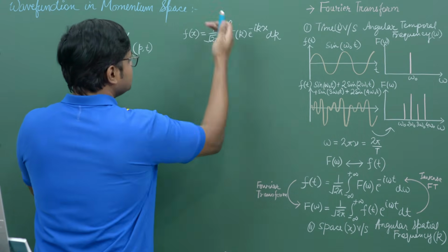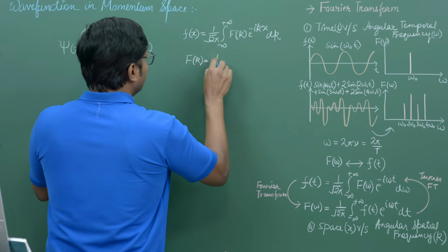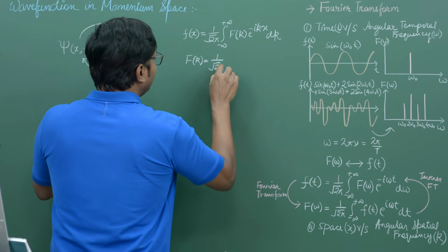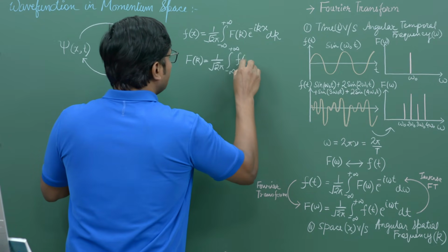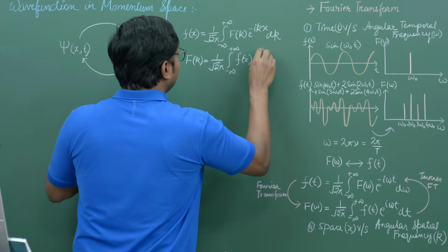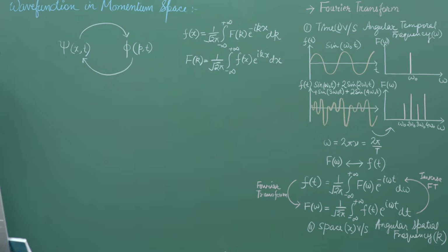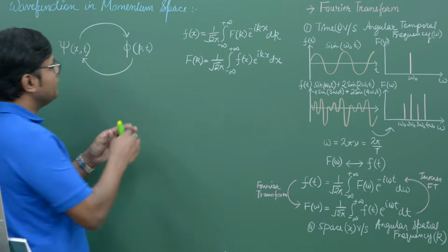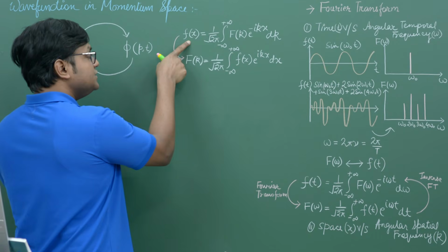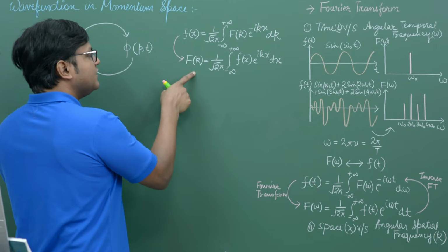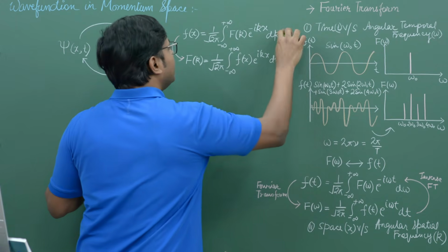And its Fourier transform, f k, will be equal to 1 upon root 2 pi from minus infinity to plus infinity, small f x e to the power iota k x, integration with respect to dx. So, here this is the Fourier transform of a function in position domain. We end up getting a function in k space, and then this is the inverse Fourier transform.